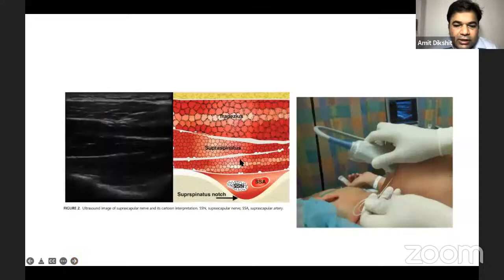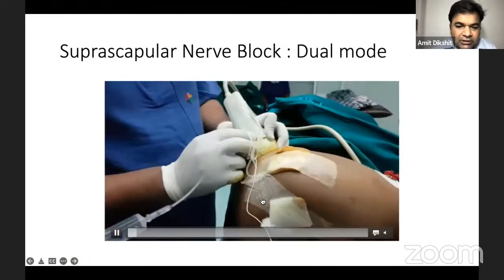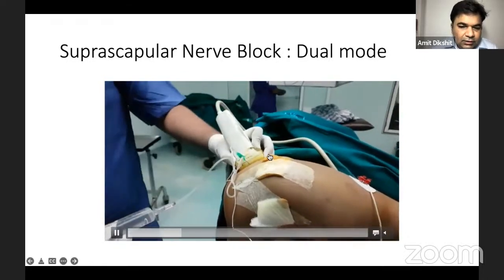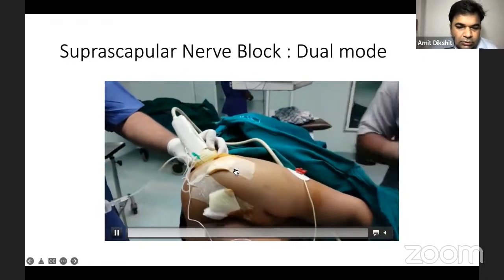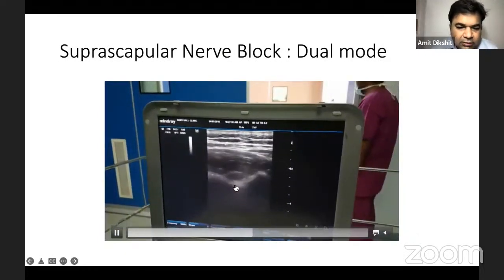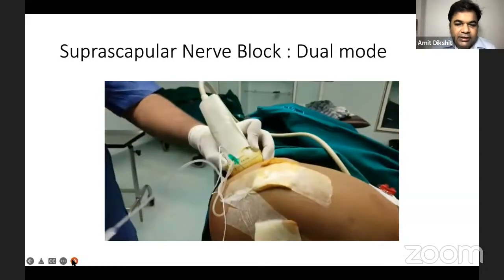So I'm not going into greater details. I've done these blocks, the axillary nerve block, not the axillary brachial plexus. So this was our OPD patient of frozen shoulder, and we have done the suprascapular, the posterior approach in the notch, and with dual mode, and we have stimulated it.